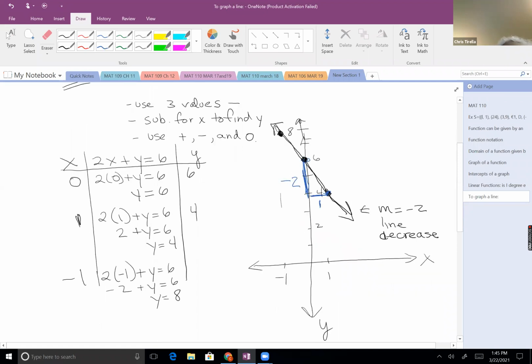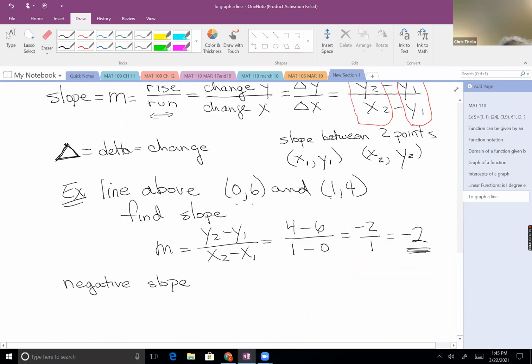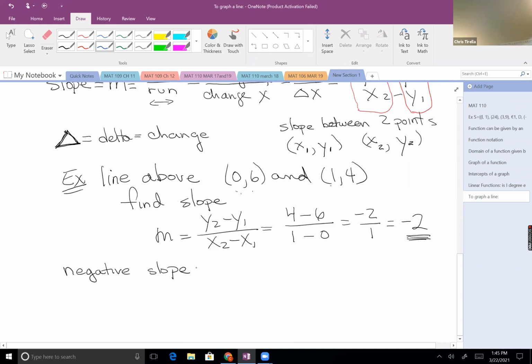I just want to write one more sentence and then we'll call it a day. A negative slope is a decreasing line. The line goes downhill as we look at it from left to right.